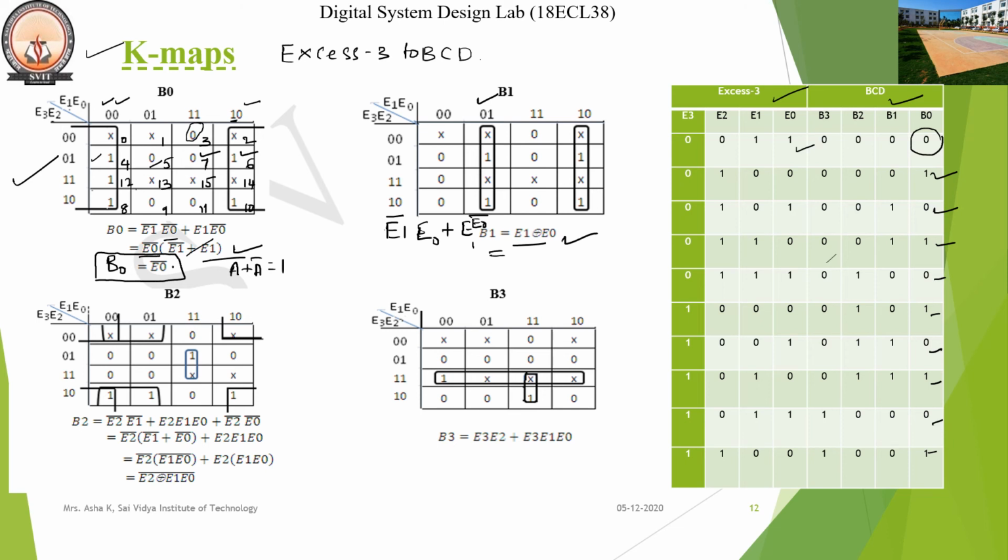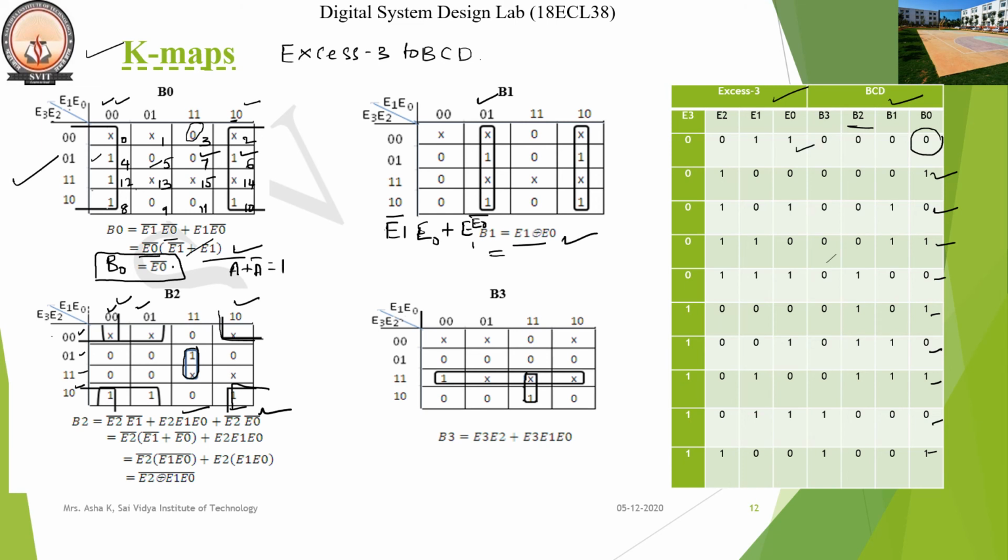For the third column, that is the B2 bit, after substituting in the K-map, we are going to get first one quad group that gives us the answer E2 dash with E1 dash, and next one double group, that is E2 with E1 E0, and again one more quad group that gives us the answer, here we'll have E2 dash, and from this we'll have E0 dash.